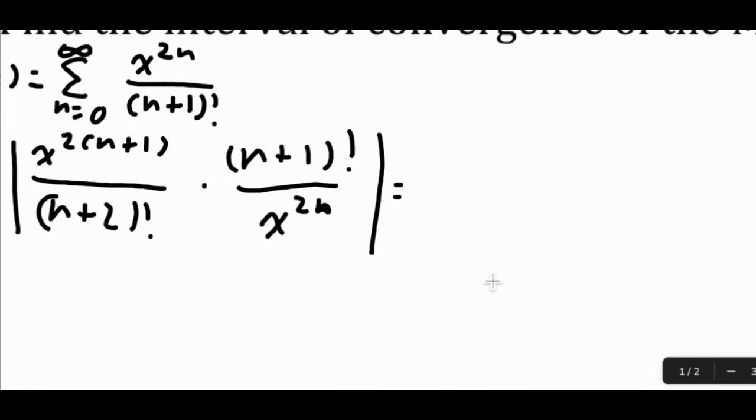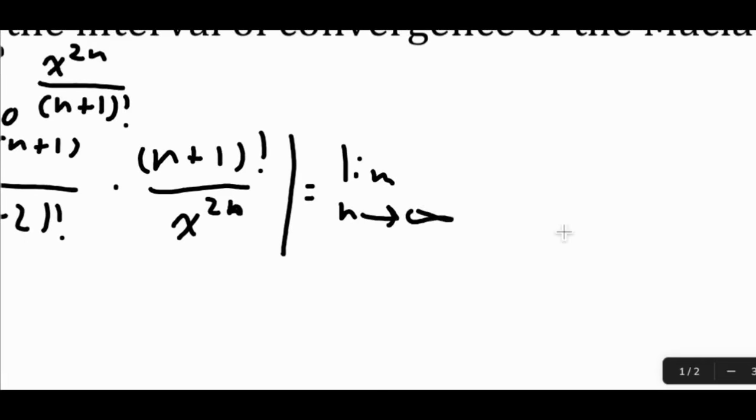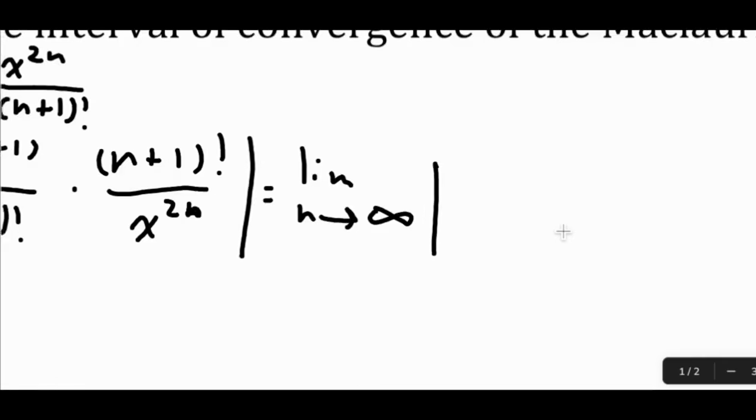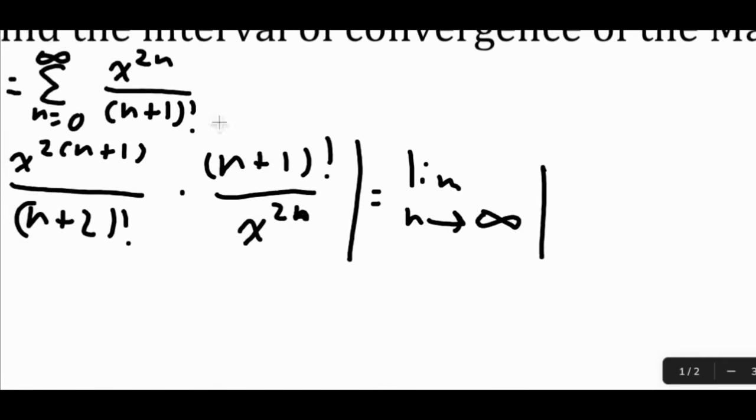So we're going to write this is equal to, again, don't forget your limit notation. We're going to distribute this 2 to the n plus 1, so we're going to get x to the 2n plus 2.